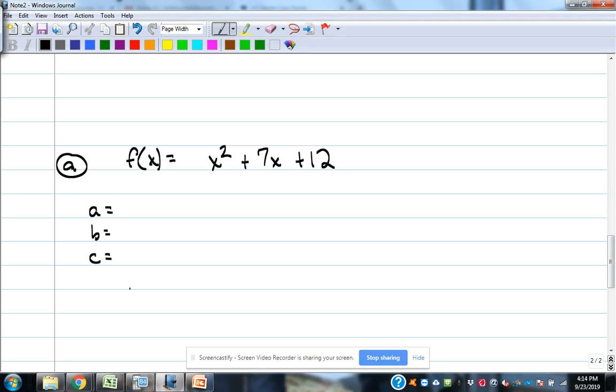What's a for this problem? What's in front of x squared? 1. So a is 1. b would be 7, and c is 12. Okay, so all of that list there can help us figure out all of this stuff, because we're going to find those things. We're going to find the axis of symmetry.